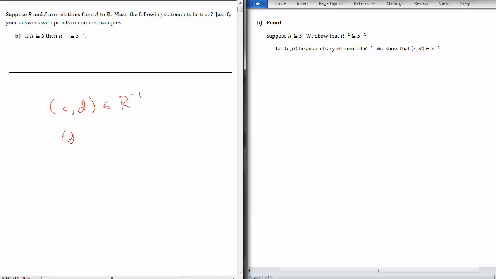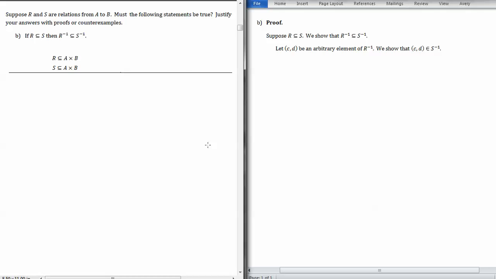Well, then we know that (d, c) is in R, and because of our assumption, that implies that (d, c) is in S. And if we rewrite that, we get that (c, d) is in S inverse, which is our goal. If you see that and you can write a proof, you might not even need to do the table of givens and goals, but let's go through it anyway, just for practice and clarity.